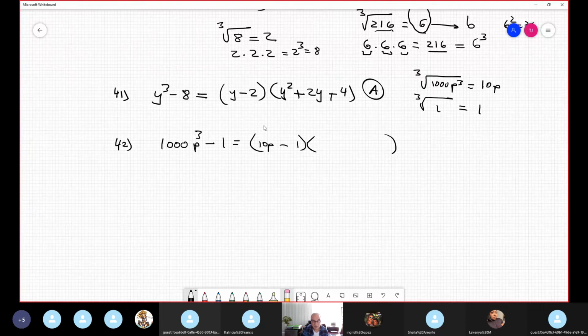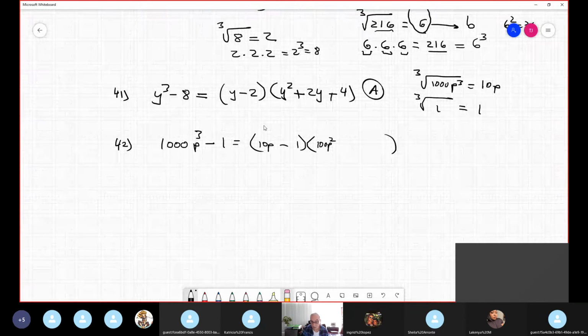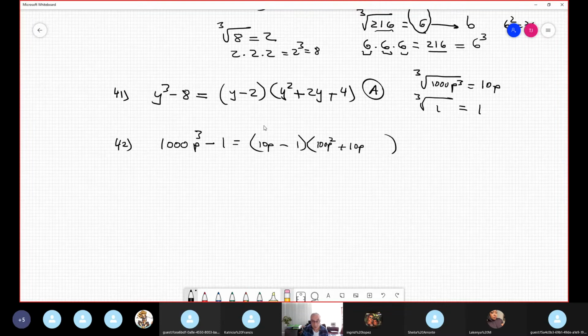Square of the first is 100p squared. Multiplication of both is 10p, because 1 is invisible, plus 1 square is 1. Entonces le hace 42, I suppose que es B, ¿no? ¿Es B? Yeah. Okay.